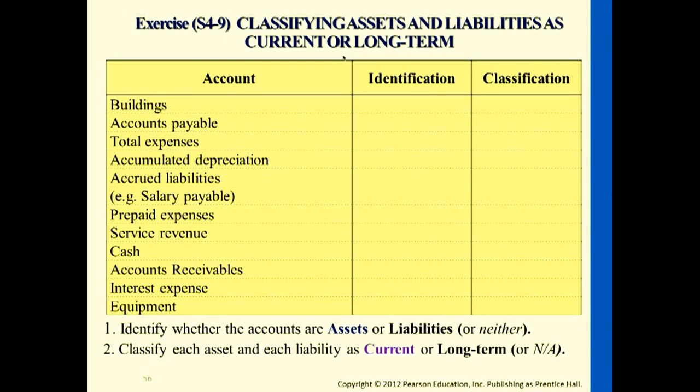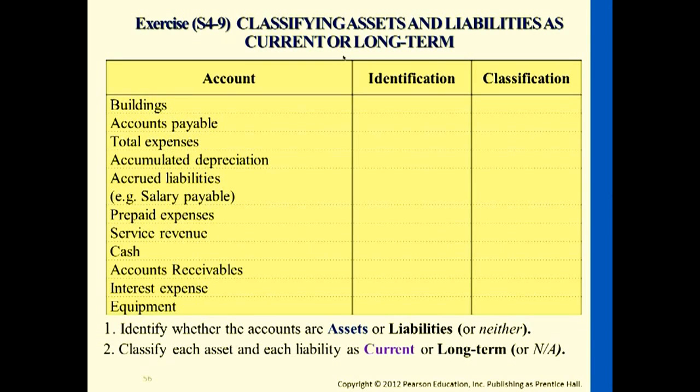Cash, asset, current. Inflow and outflow of cash is very frequent on a daily basis. There's actually another statement that we didn't focus on now, the statement of cash flows. That'll be introduced to you in the very last chapter. You can take a look at all the cash inflow and outflow based on different categories. Okay, accounts receivable.